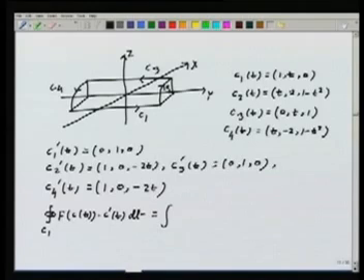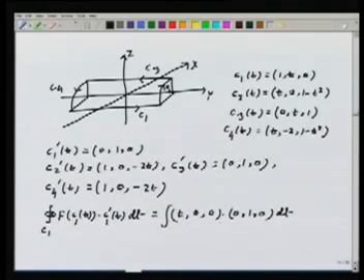F is (xy, yz, zx). So this is then (t, 0, 0) dot C1 prime t, that is (0, 1, 0) dt with some limit, but that limit I don't need to calculate because I see the dot product inside is already 0. So I get that this is 0 without even calculating the limit.